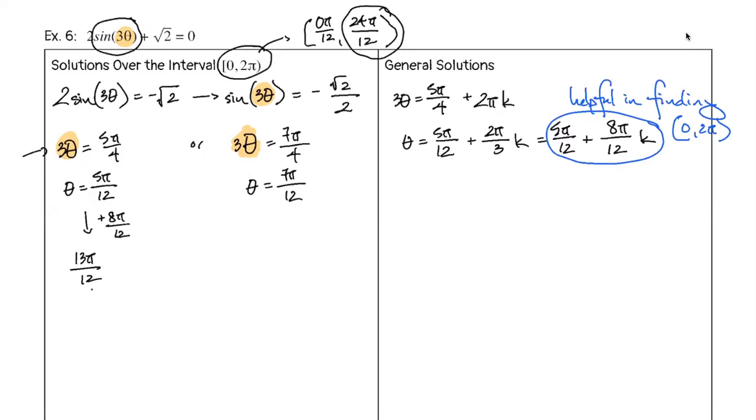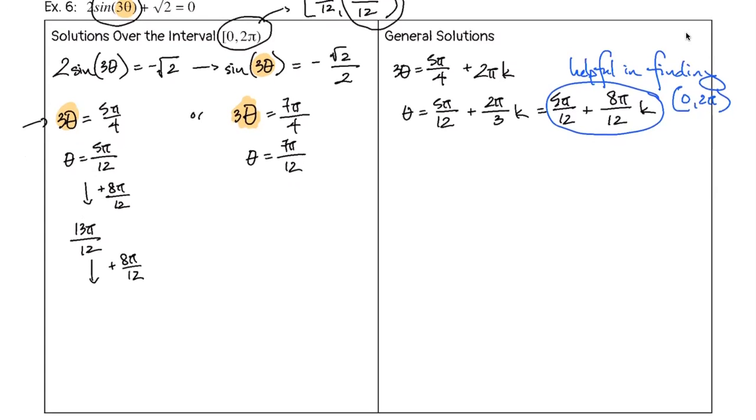Well, let's add it one more time and let's see. If I add it one more time, what do we get? So I'm taking the 13 pi over 12 and I'm going to add 8 pi over 12 one more time. I get 21 pi over 12. Good. Okay.